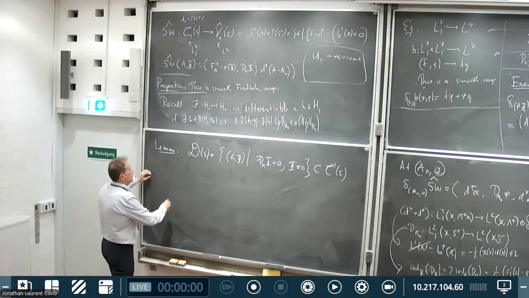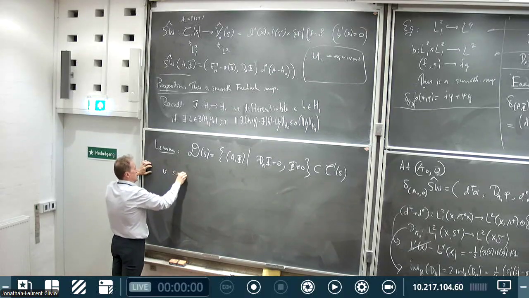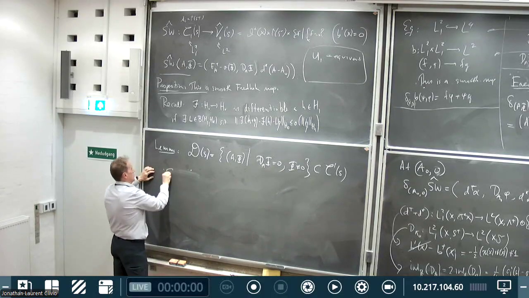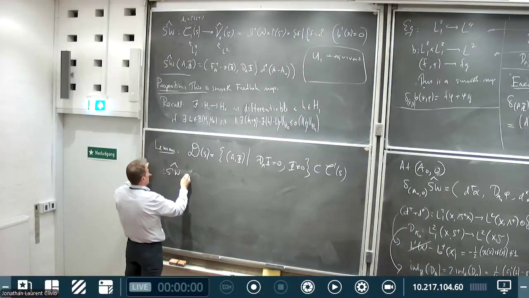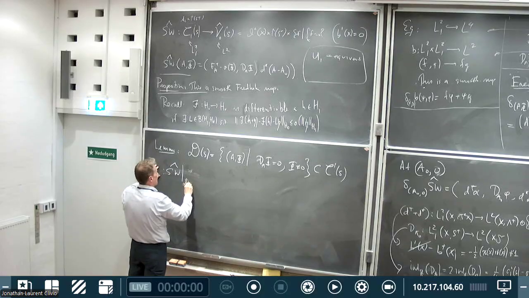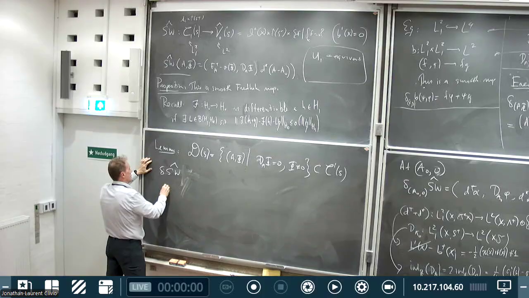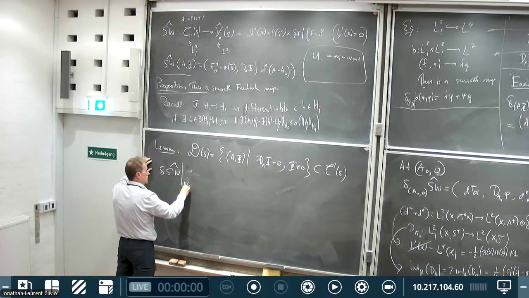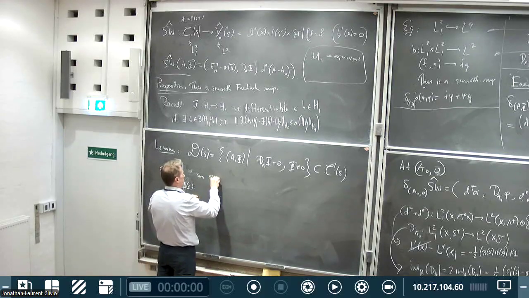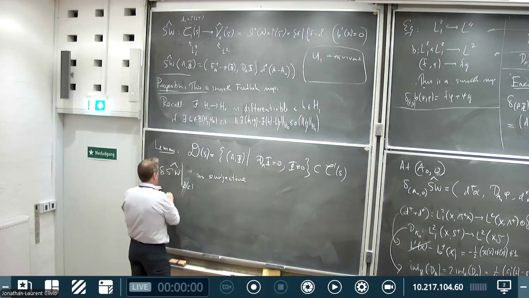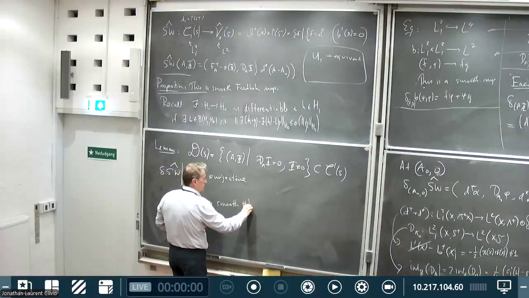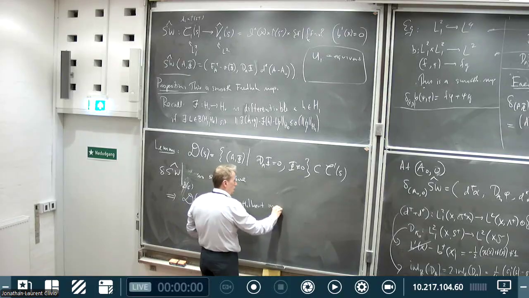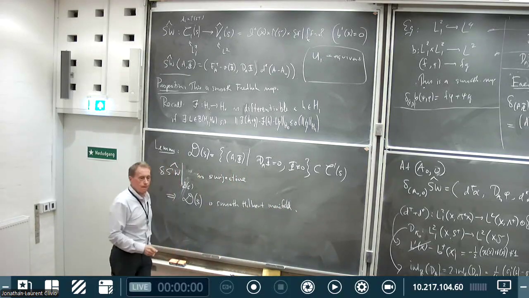And the lemma is that this is smooth. The differential restricted to points in here is surjective, which implies, by the implicit function theorem and the dimensions, that this is a manifold.